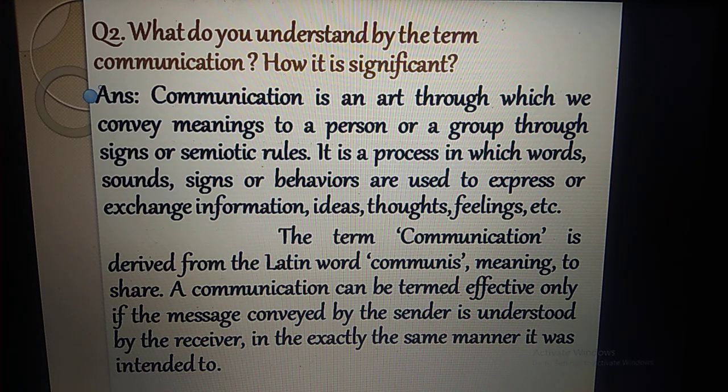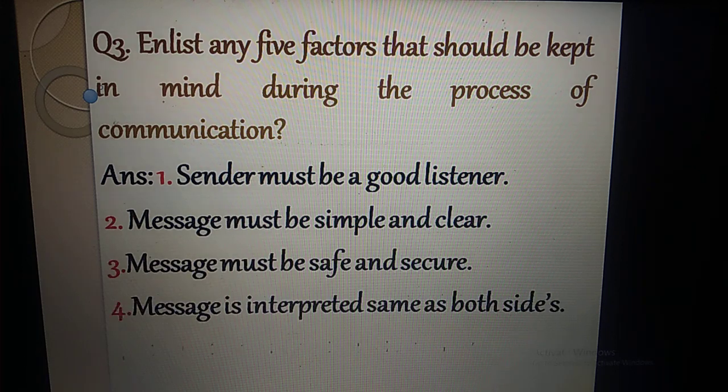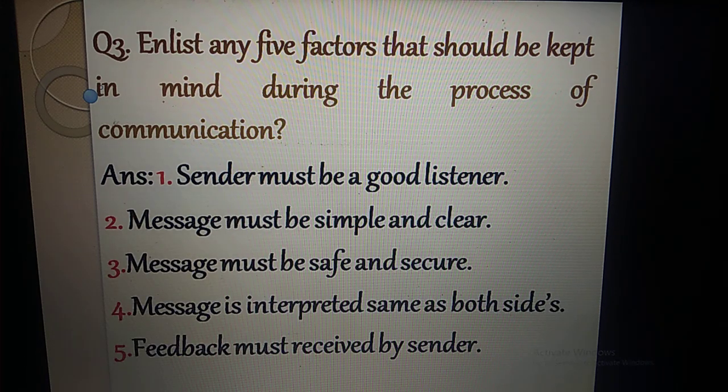Next question, enlist any 5 factors that should be kept in mind during the process of communication. So you just write the 5 factors, only the factors. So these are the 5 factors which you can keep in mind during the process of communication.